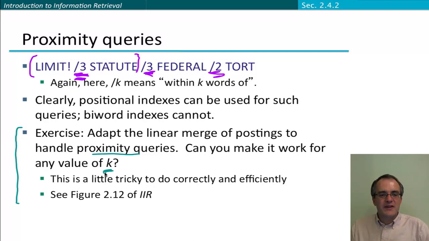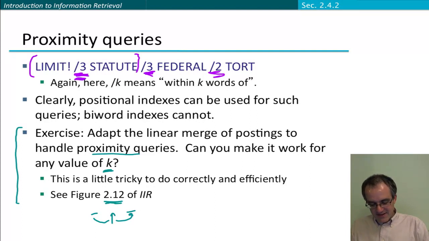It's actually a little bit tricky to do this correctly and efficiently, because you can have the within k words matching on either side of the word, and you have to keep track of things for the right number of words on each side. It'd be good to try and work out by yourself, but you can also see one example of an answer in figure 2.12 of our Introduction to Information Retrieval book, which you can find free on the web to look at.